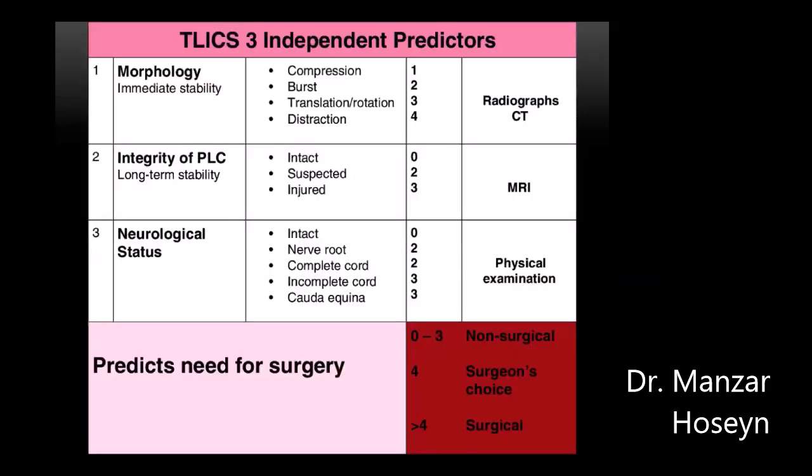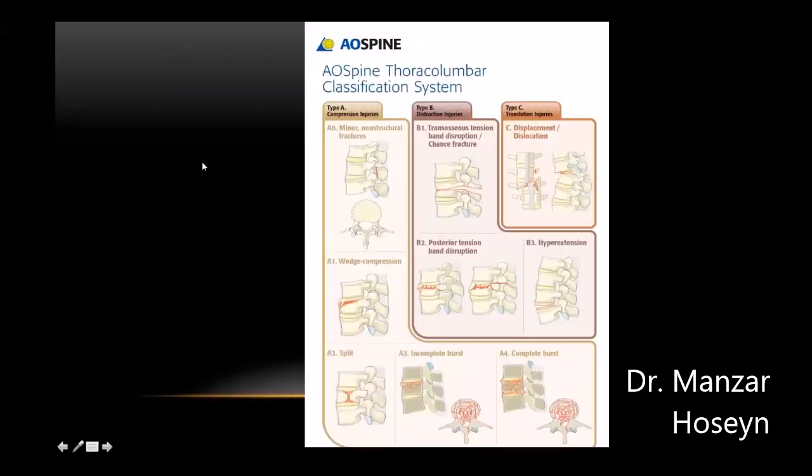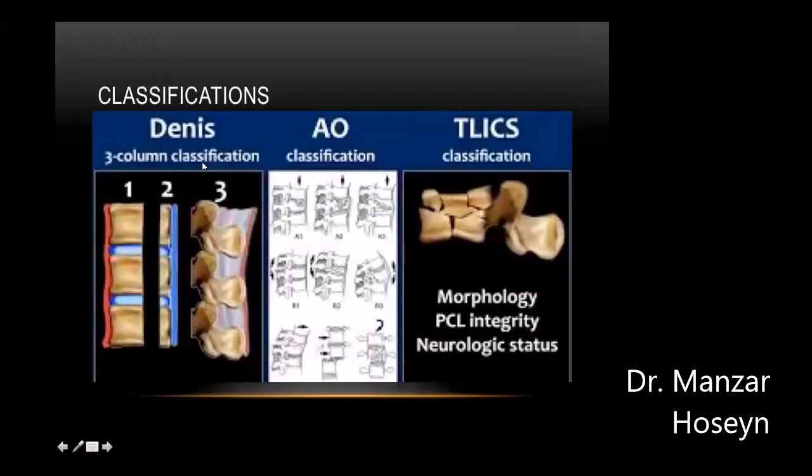So this is the thoracolumbar injury classification system, which has three independent predictors. It has the morphology of the fracture, which is what kind of fracture it is, the bony injury and the ligament injury. Then it takes into account the posterior ligament complex, which is this part, the spinous process and the interspinous ligaments.